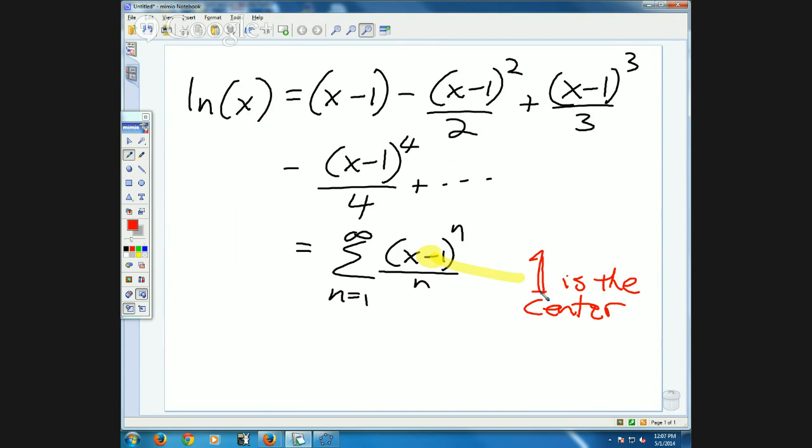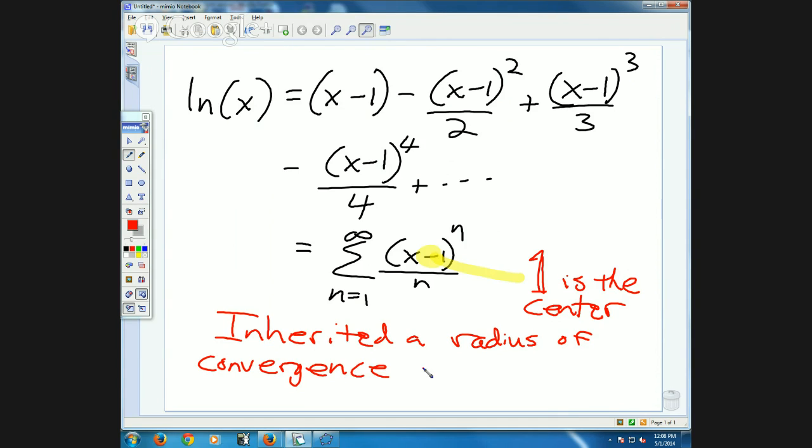Anybody remember the radius that we started off with for this particular one? It was 1 also, yeah. So we inherited a radius of convergence of 1. If I know the center and I know the radius, I can always write that as an absolute value inequality.